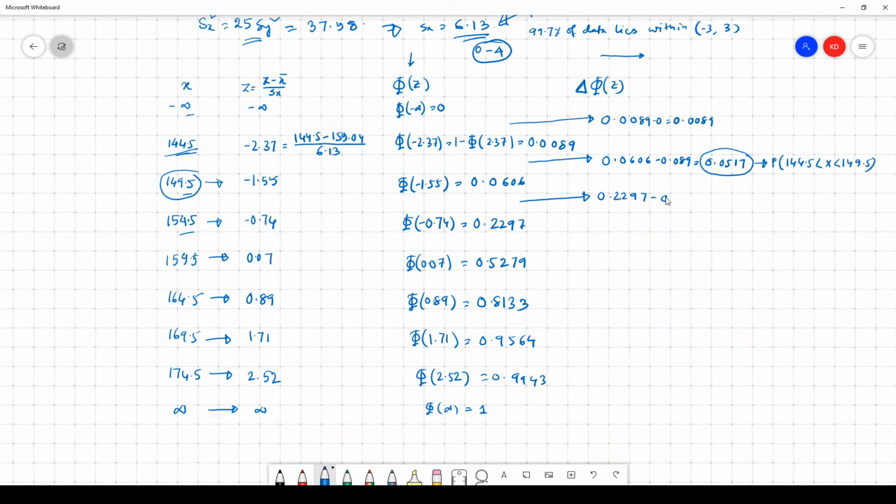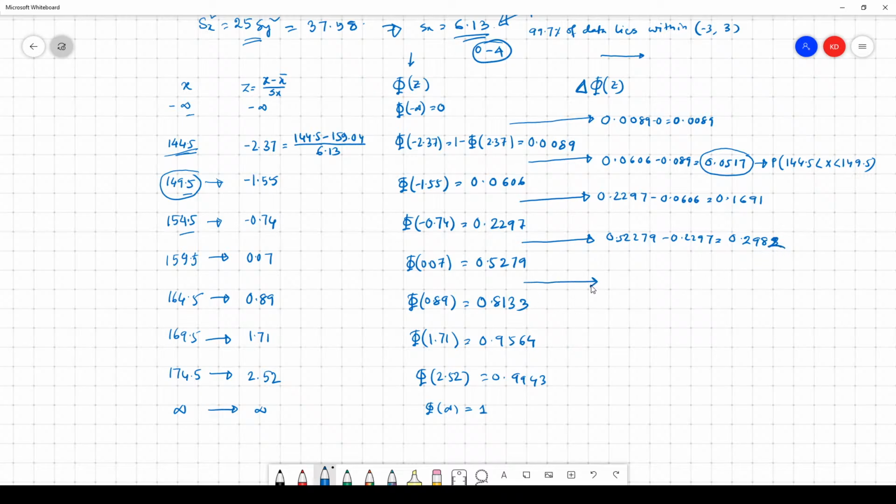Similarly, 0.2297 minus 0.0606 is 0.1691. Then 0.5279 minus 0.2297 is 0.2982. Please check my calculation.